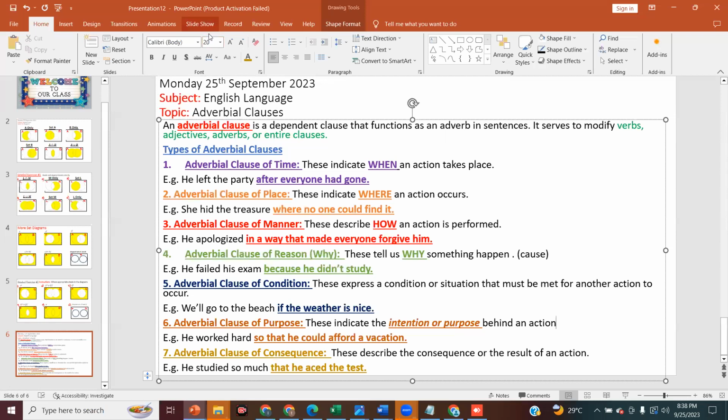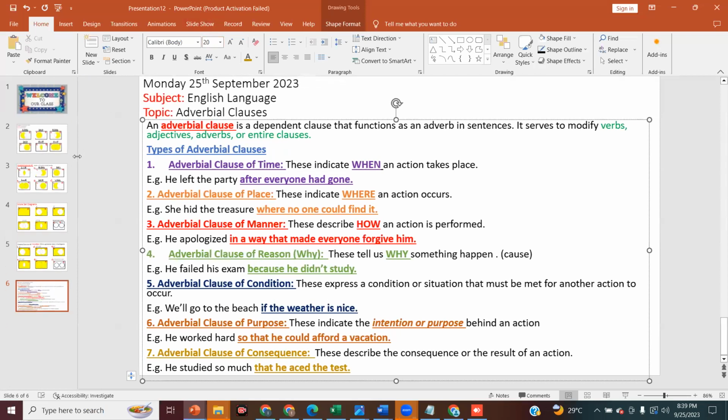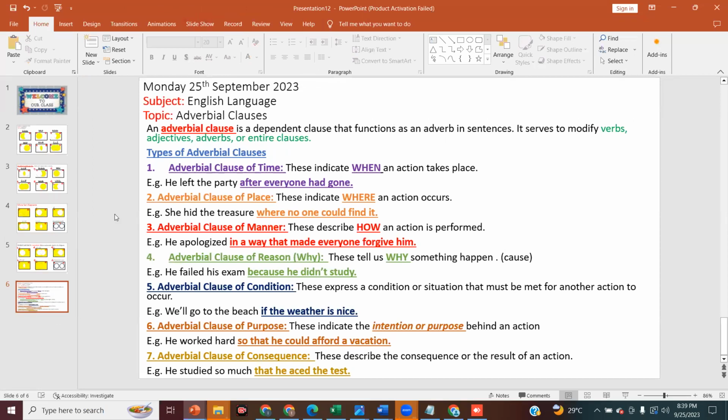Okay, so give me the 7 adverbial clauses. Adverbial clause of time, place, manner, reason, condition, purpose, and consequence.